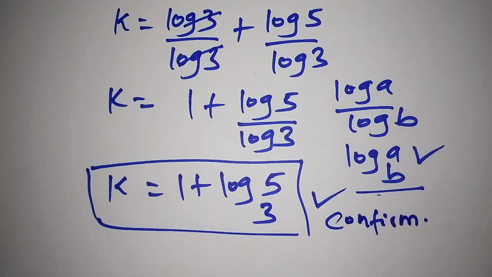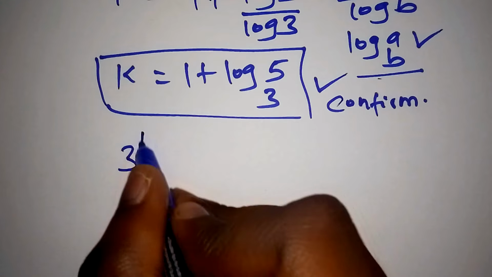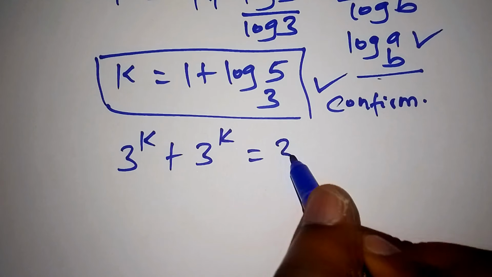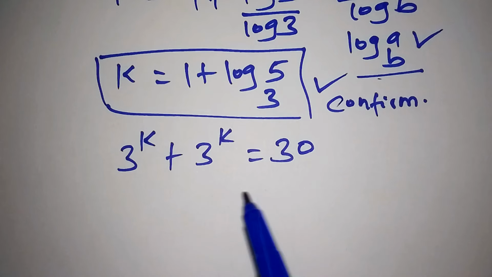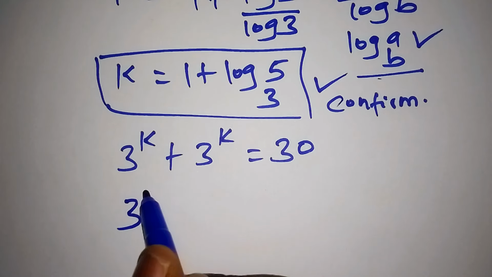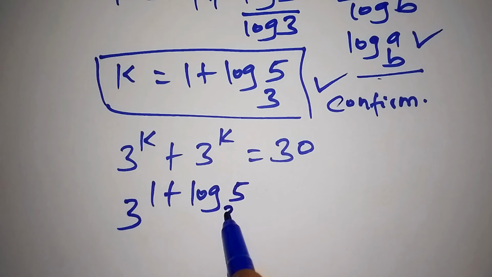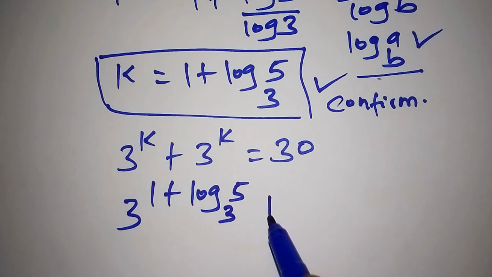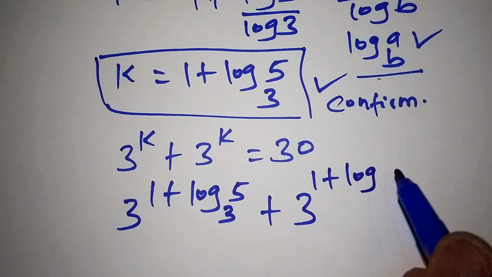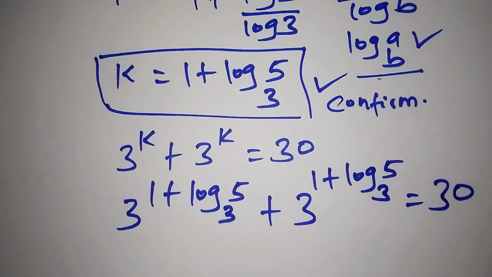Here was our maths problem initially: 3 to the power of k plus 3 to the power of k equals 30. Instead of writing k, we write the number that we've got, that is 3 to the power of 1 plus the log of 5 to the base of 3, plus 3 to the power of 1 plus the log of 5 to the base of 3, equals 30.